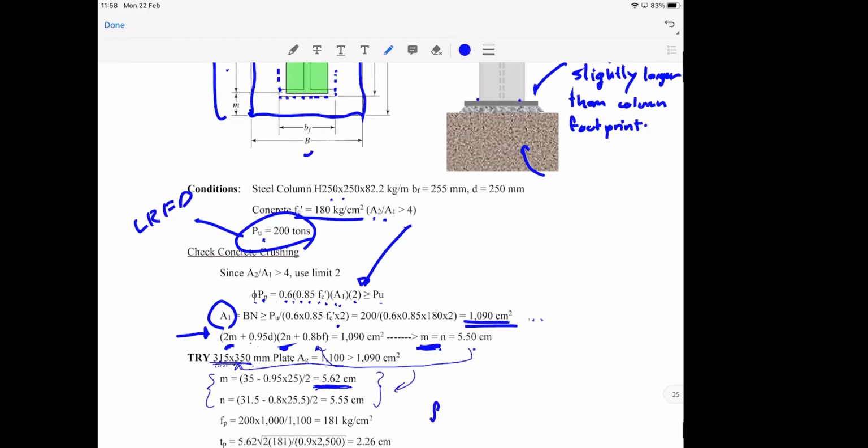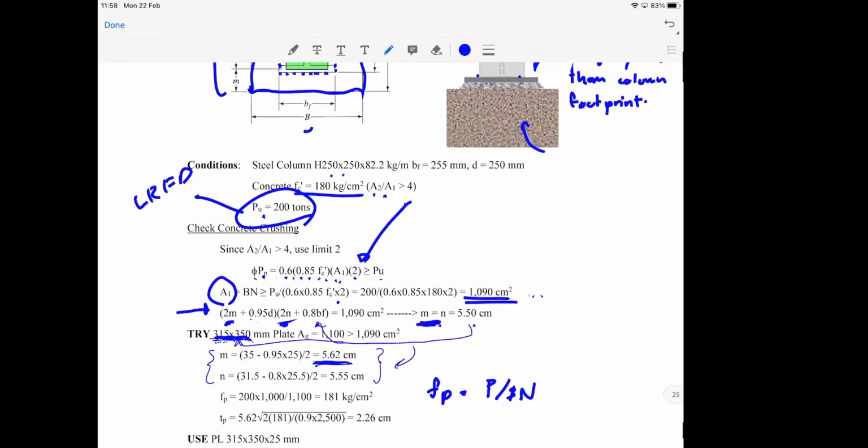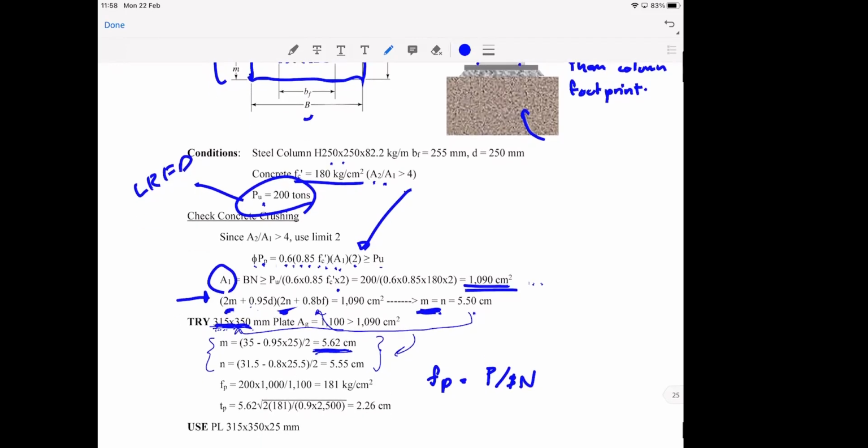FP as well. So your FP is equal to the load P divided by BN, the size of the plate that you use, which is right here. So you got your FP, or the area is this one. Then you can use the governing distance, which is this one, to calculate the thickness of the plate from the formula.